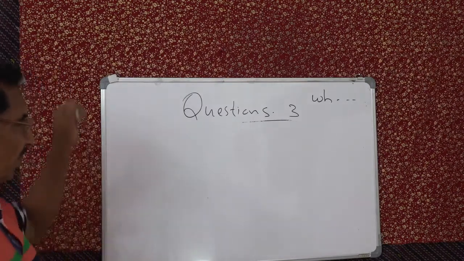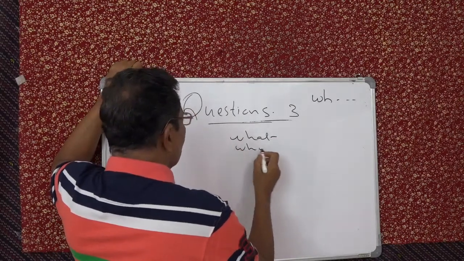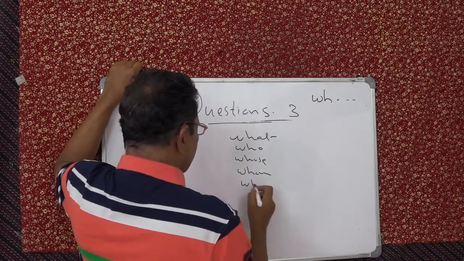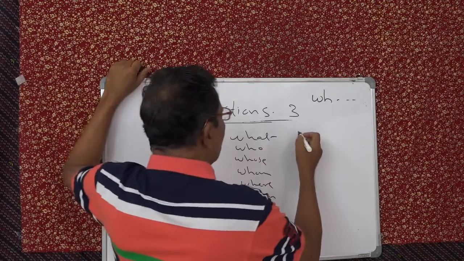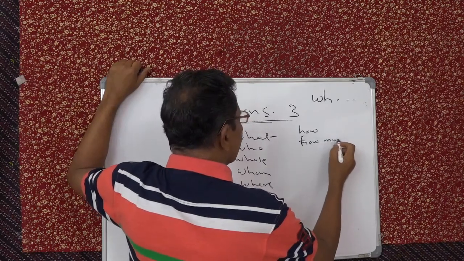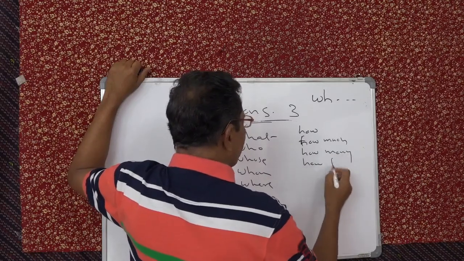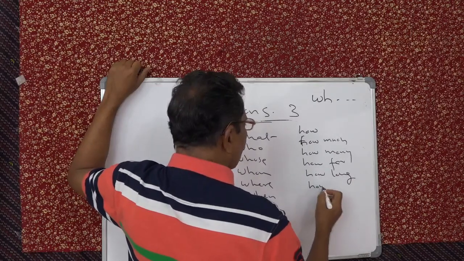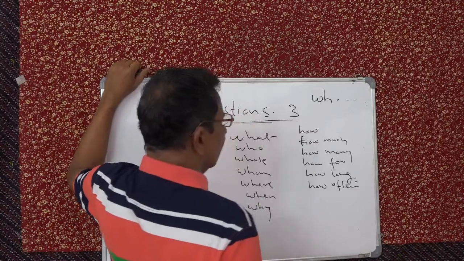So one summary, once again you can see: what, who, whose, whom, where, when, why, WH, how, how much, how many, number, how far, distance, how long, time, how often, frequency.